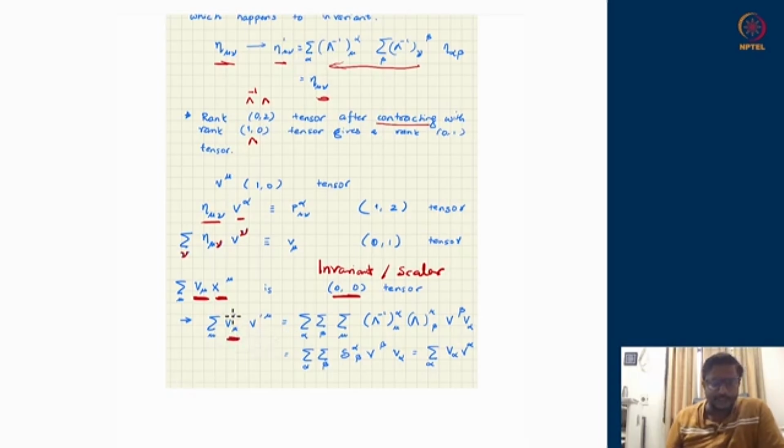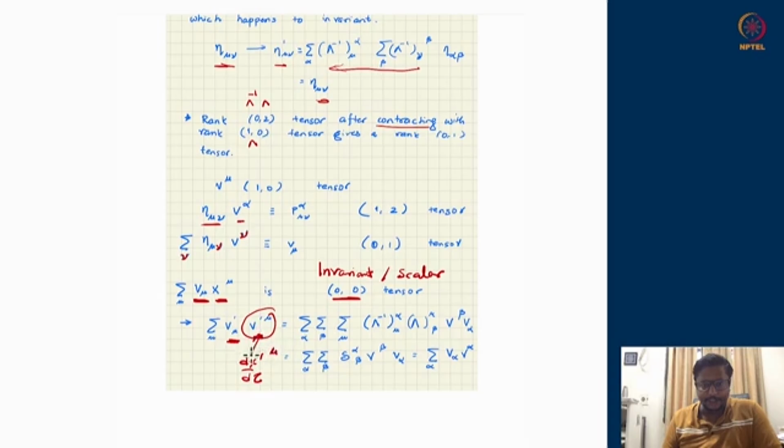Again the same thing, take one lower index object v prime lower mu and v prime upper mu. This is, let us say, the velocity: dx prime mu upon d tau is the space-time velocity as seen in the prime frame. This v lower mu is obtainable by contracting dx prime mu upon d tau with eta mu nu.